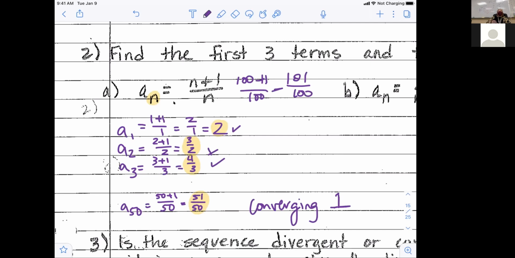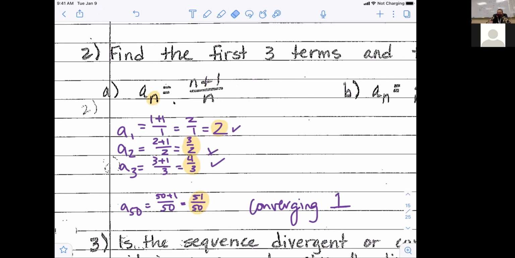No, it's still bigger than 1, right? It's barely bigger than 1, but it's still bigger than 1. Since I'm taking any number and adding 1 to it, and then dividing by that original number, it's always going to be slightly bigger than 1. So it's going to get closer and closer to 1, but it's never going to be smaller than 1. It's actually never going to be 1. It's going to get closer and closer, but it's not ever going to be just 1.